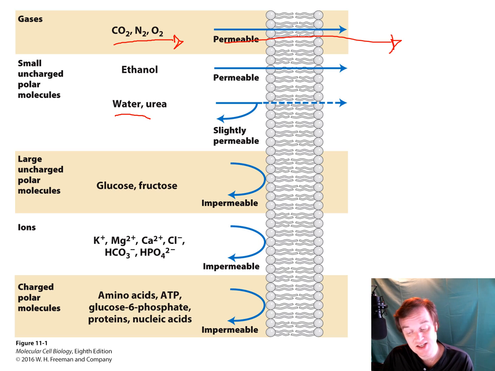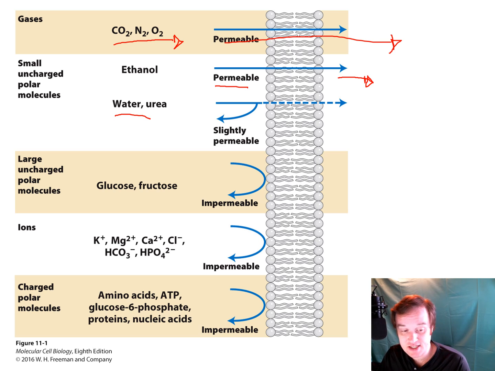It is more permeable than slightly permeable, but less permeable than gases. So we're listing as permeable, but it is not as permeable as those gases. But it'll still be able to get through the cell.